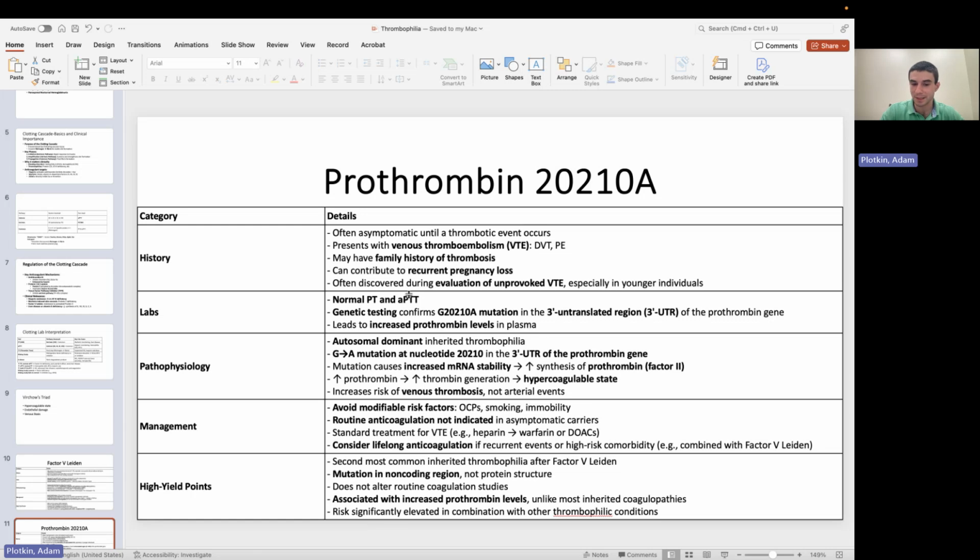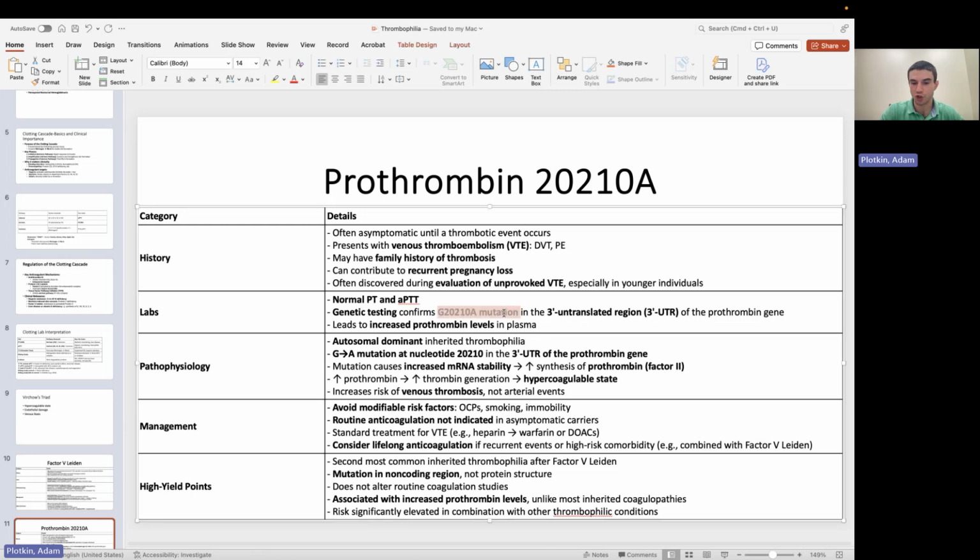Again, normal PT and PTT. The genetic testing will show a mutation in the 3' untranslated region of the prothrombin gene, and this leads to increased prothrombin levels, right? If we have too much prothrombin, we're able to cut more prothrombin into thrombin, and then more thrombin will cut fibrinogen into fibrin, and we're able to make more clots. All right. So again, the pathophys: it's autosomal dominant.